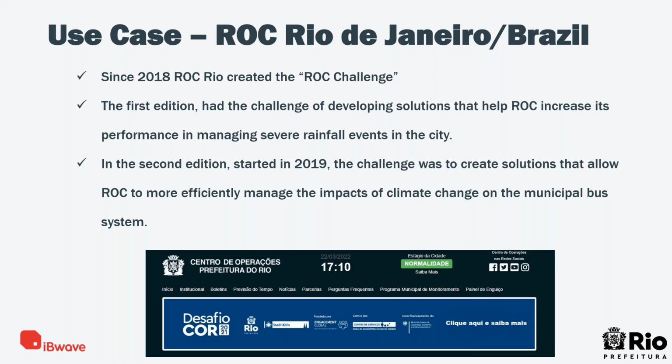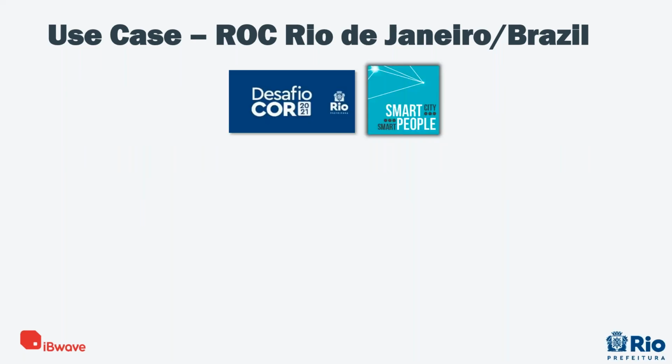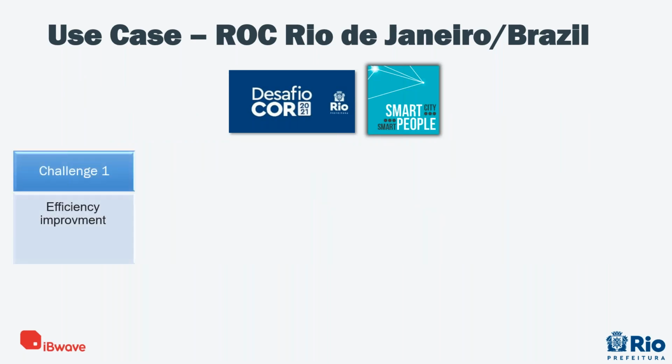And in 2021, they launched the third edition, and in this edition, they preferred to detail the challenge a little bit more, right? So in this third edition, the main objective is to work on emergency situations in different regions of the city. But they divided this new challenge into 5 detailed challenges.